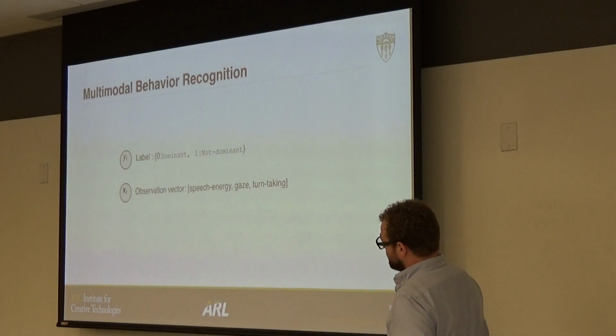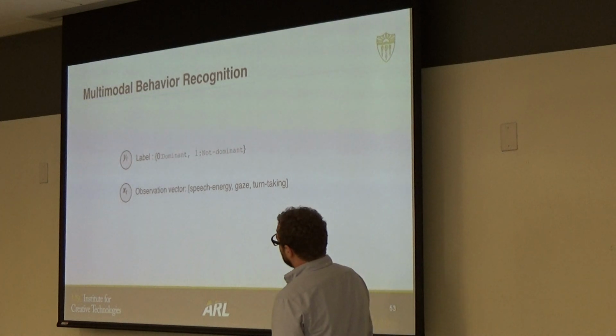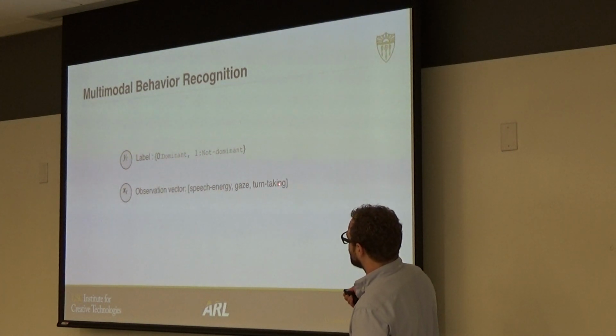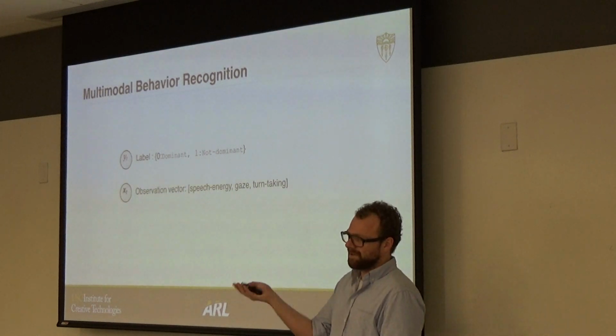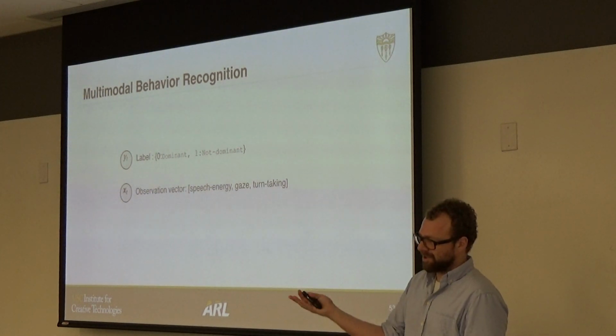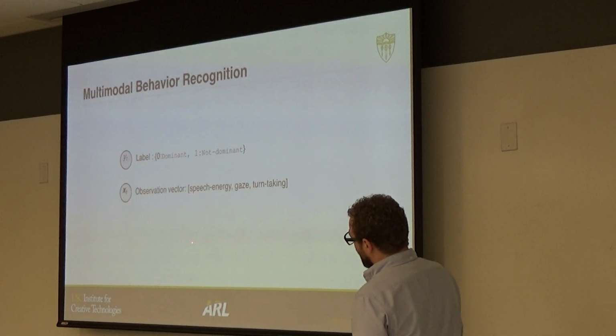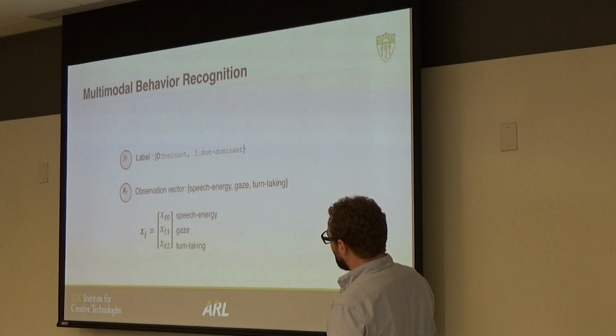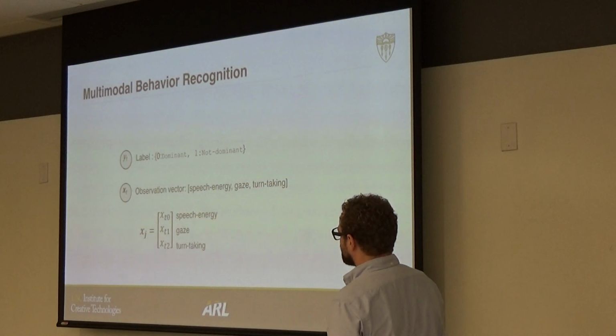They could be multimodal. In this case, we either observe speech energy, gaze, or turn taking. So these are binary observations, so they're present or not present, and these are our observations X. Or we can have a vector like this. So this is an early fusion, for example.